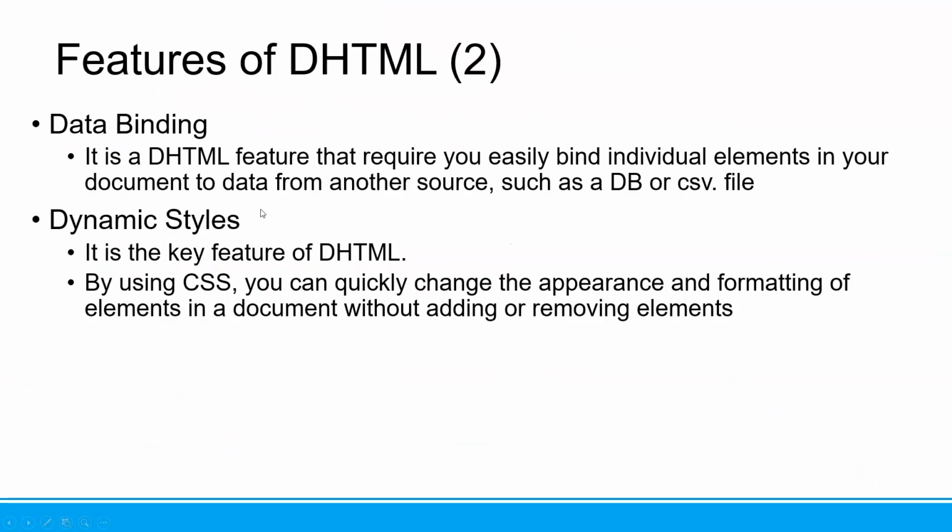And in DHTML, there is some kind of data binding. So we will learn how we can deal with this data binding. It is a feature that lets you easily bind individual elements in your document to data from other sources. So maybe you know the database, which is the common data repository, or if you use the data science class, you use the CSV file.